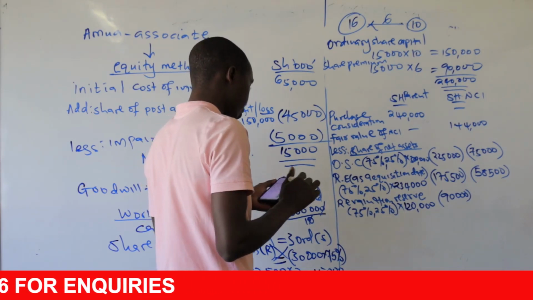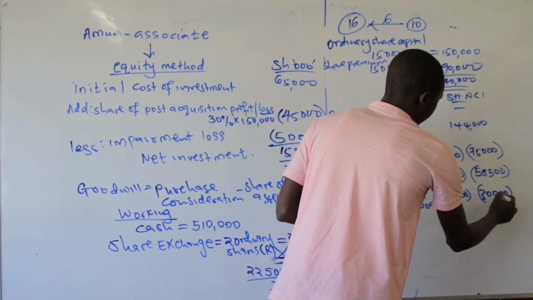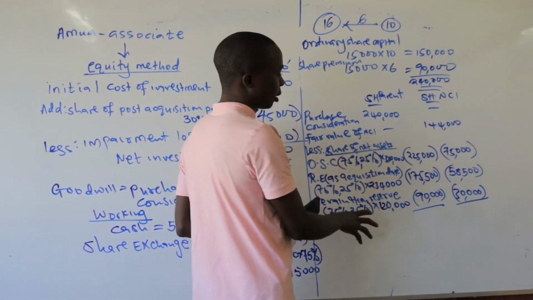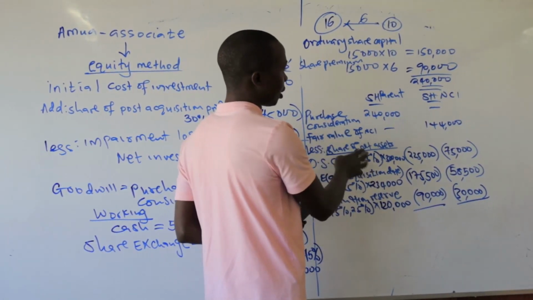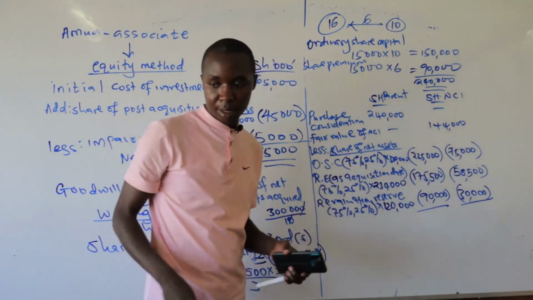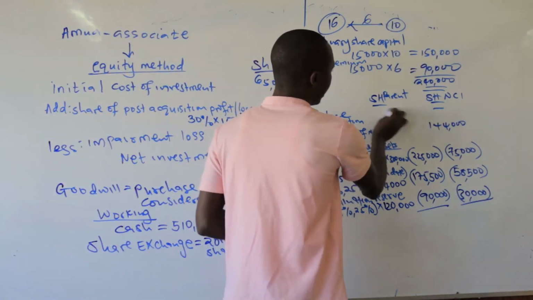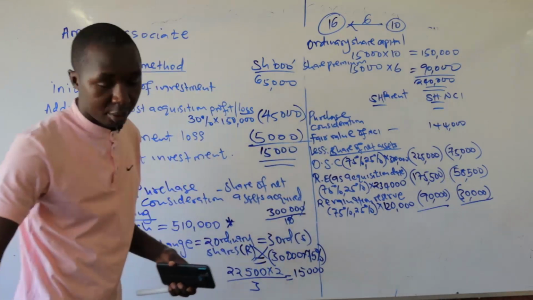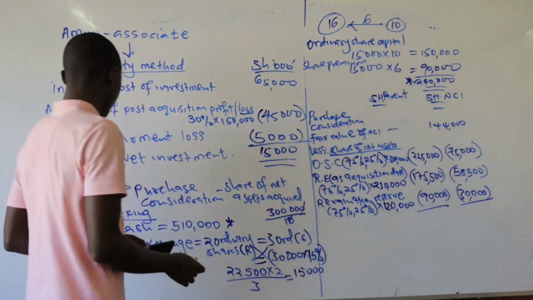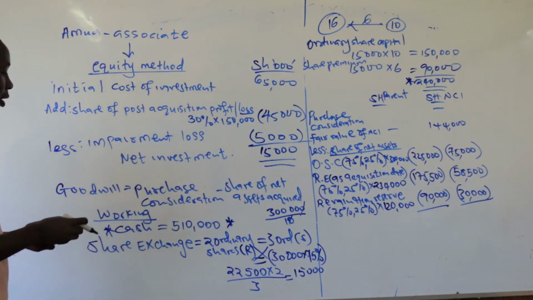Then 25% of the same is 30,000. Let us deduct the net assets from the purchase consideration and at the same time from the fair value of NCI. But there is a small change which we have to do here, of which the purchase consideration is not just the 240, but remember there was this cash which was provided there.